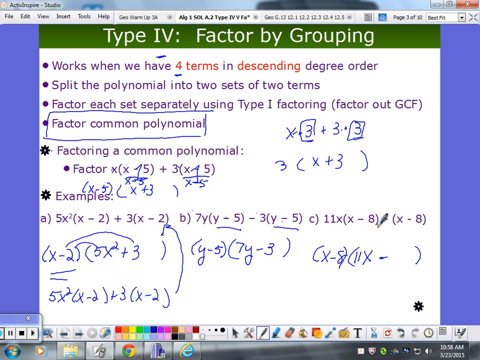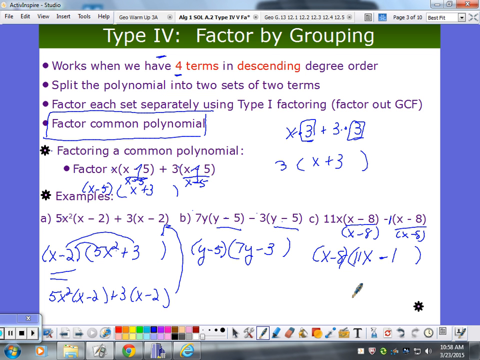Think about this. You are dividing by your greatest common factor. Same thing we did before. So what's really the thing in front here? There's a 1 in front. And if you multiply it back, that's how you get here.